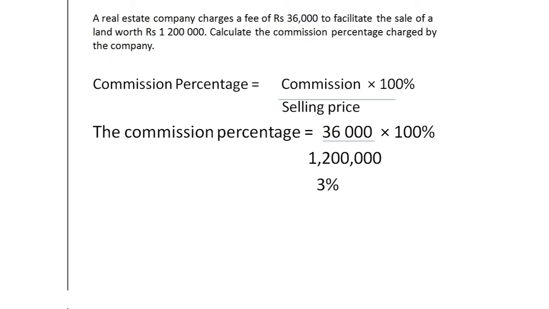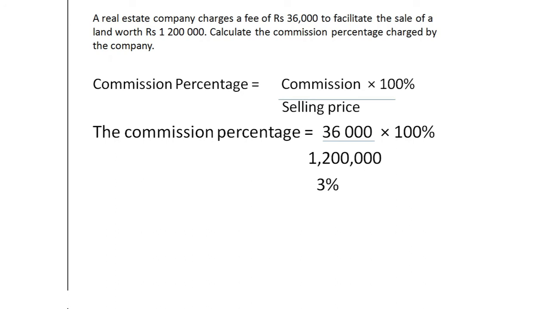So what should you do? You have to write the commission as a fraction of the selling price. Commission is 36,000 rupees. The selling price is 1,200,000 rupees. First you write 36,000 divided by 1,200,000 rupees as a fraction of the selling price.